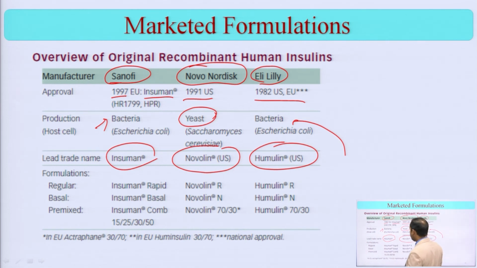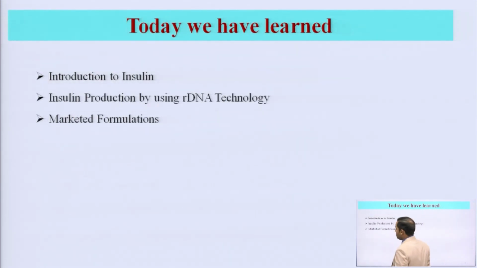In the exam you can write that the formulation can be regular, basal or premixed, and you can give it in both ways. So, this is our today's learning. Today we have seen how insulin plays a very big role in our body activity. Insulin is very important to control the glucose or sugar level in our blood.